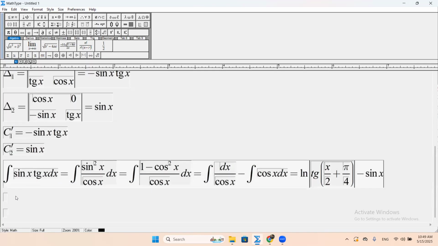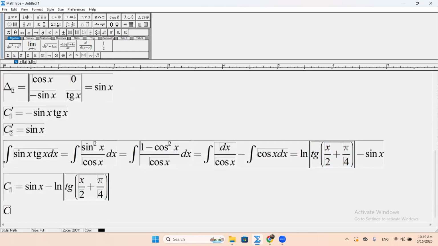And C1 will be equal, don't forget about the minus here, to sine of x minus this logarithm. And of course, C2 will be equal to minus cosine of x.